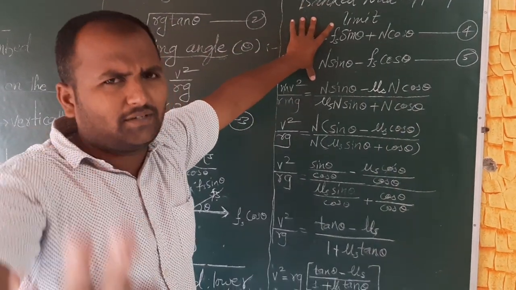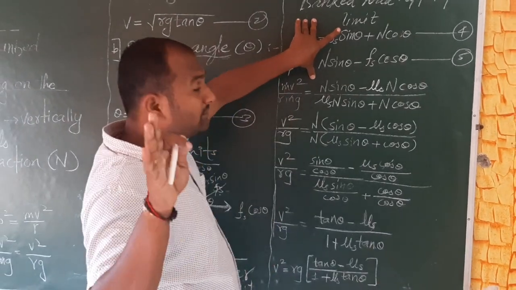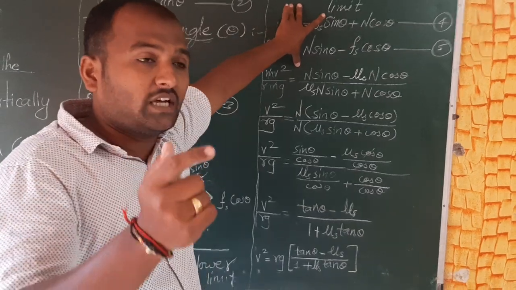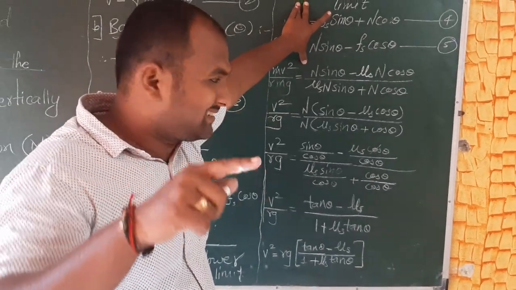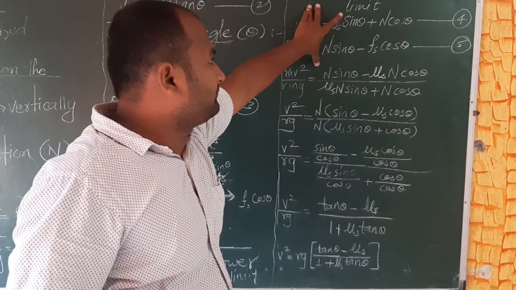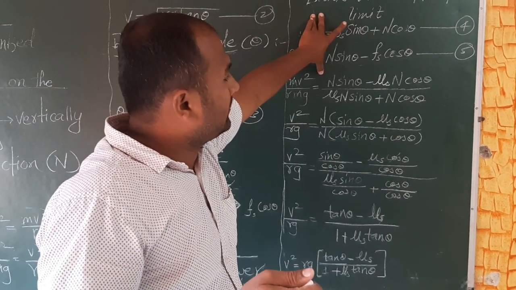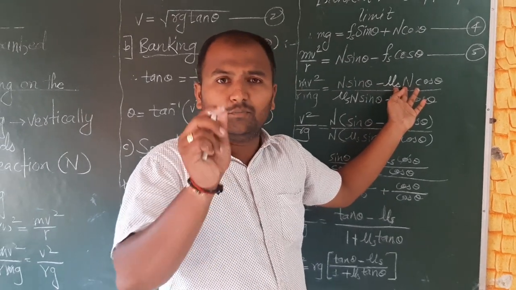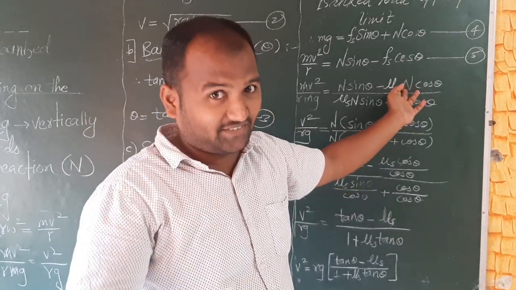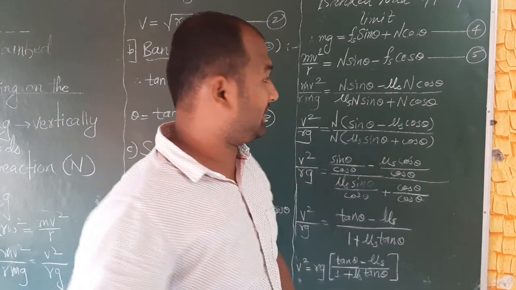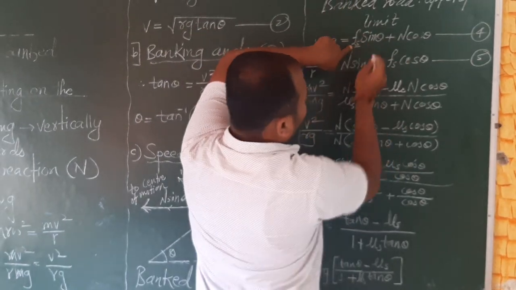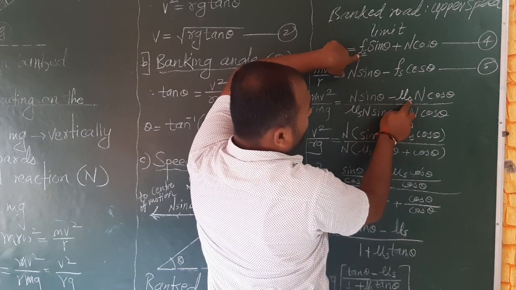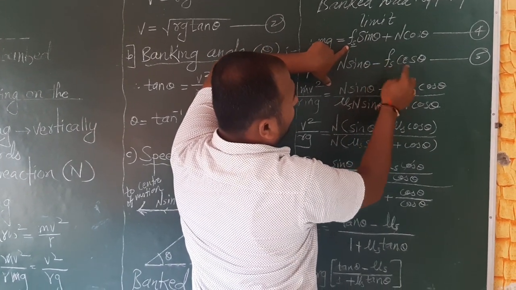Here, don't get confused. We have to write the values such that Fs means frictional force, and we have already studied in the lecture that maximum frictional force is equal to mu s n. Mu s means coefficient of static friction and n means normal reaction. So the value of Fs we have to put: Fs means mu s n.